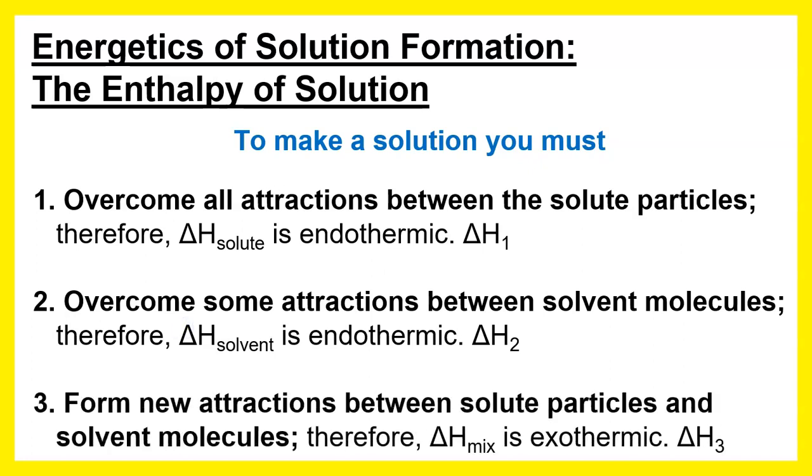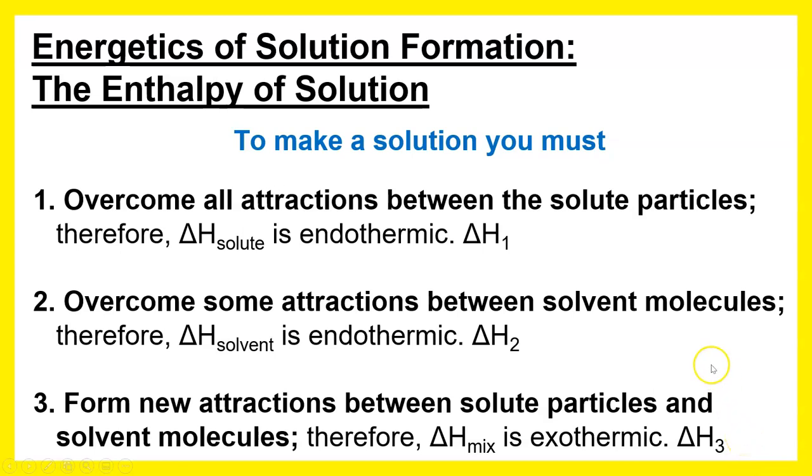So that mixing part is exothermic. Remember, it takes energy to break bonds, to break attractions, and energy is released when new ones are formed. Positive values up here, negative value down here.